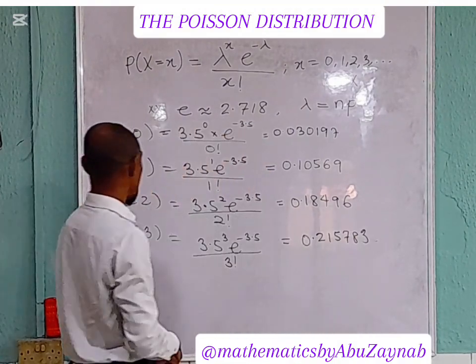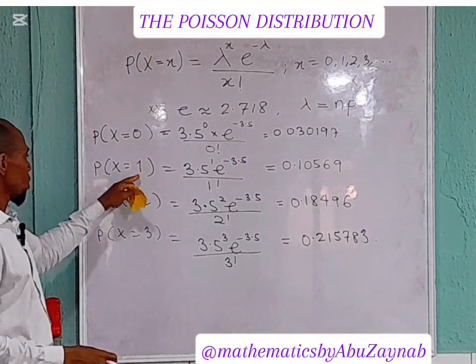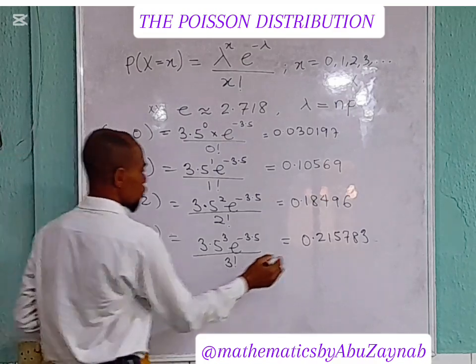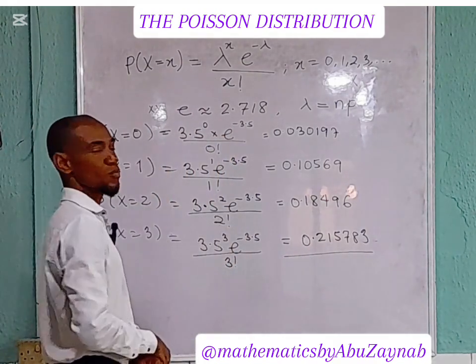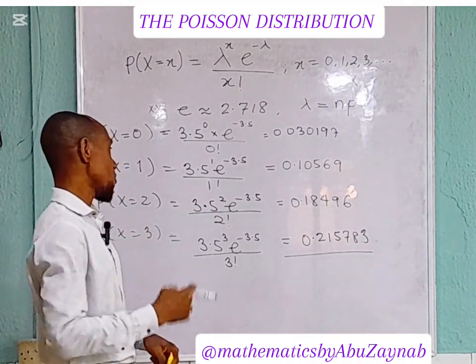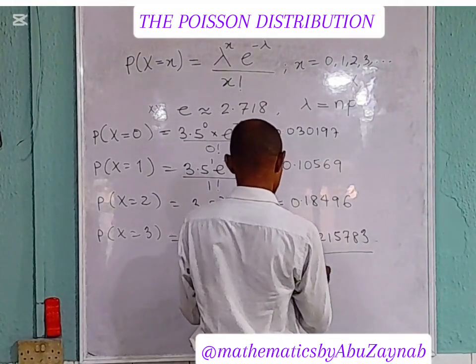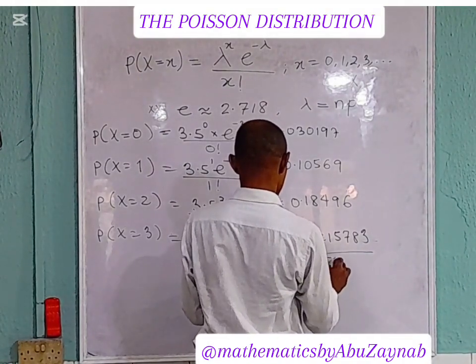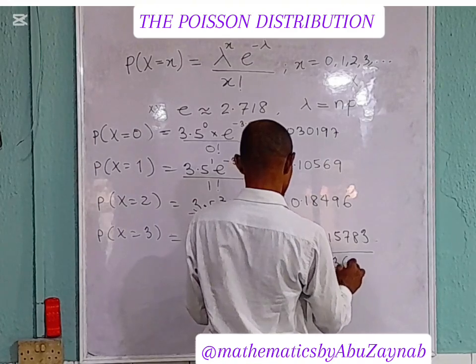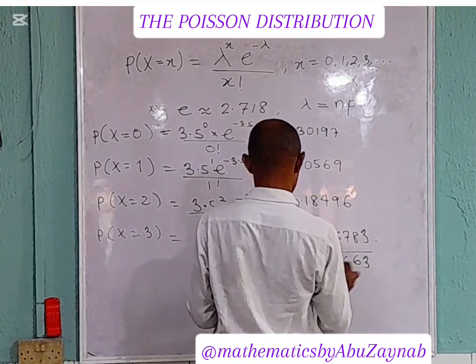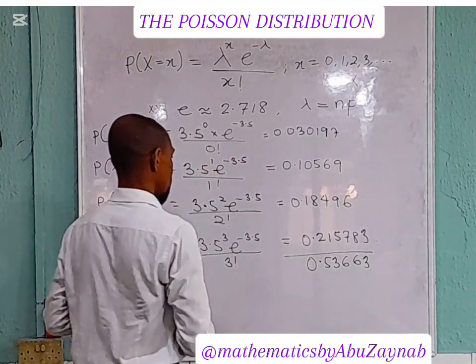So you've computed x equals 0, 1, 2, 3. The next thing we need to do is to sum up, remembering we're going to take it from 1. When we sum these up, we're going to have 0.53663.